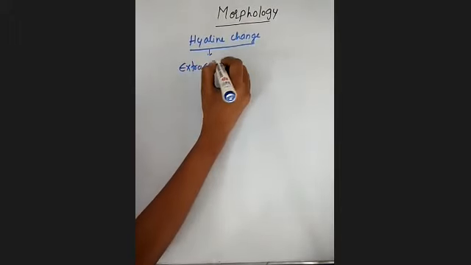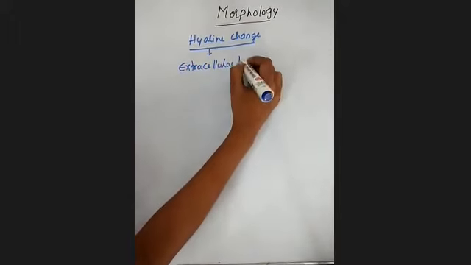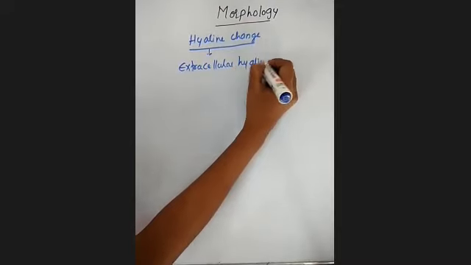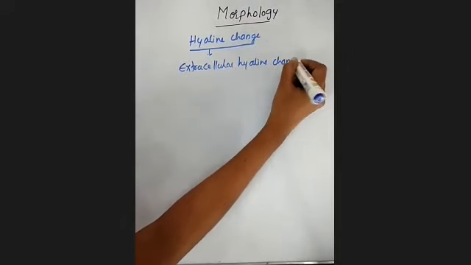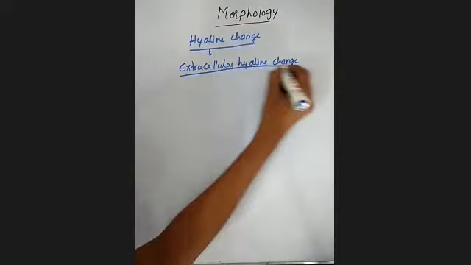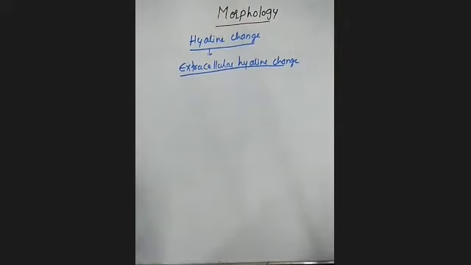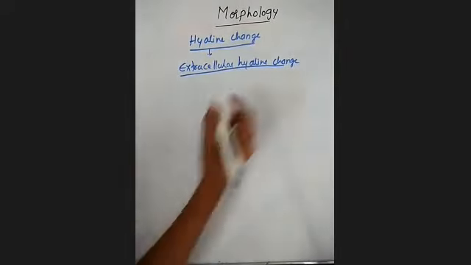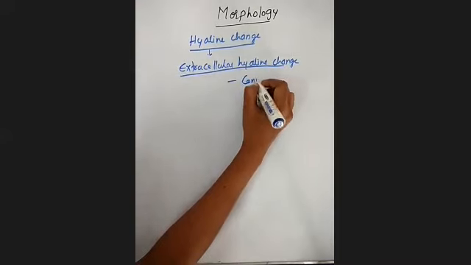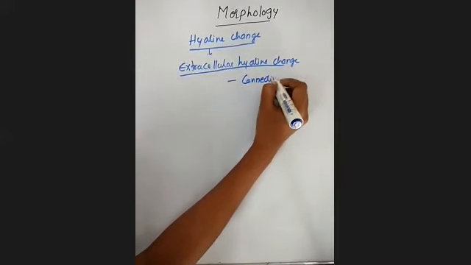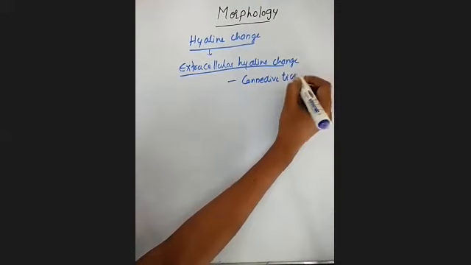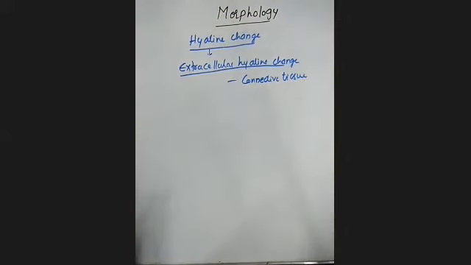If you see this extracellular hyaline change, it is observed in the connective tissue. Clear? Previously I told you intracellular hyaline change is observed in epithelial cells, and this extracellular hyaline change is observed in the connective tissue.